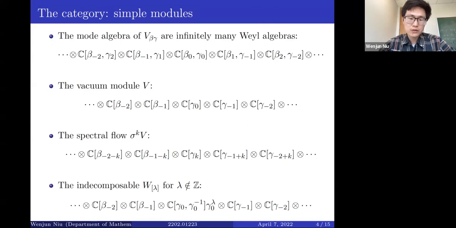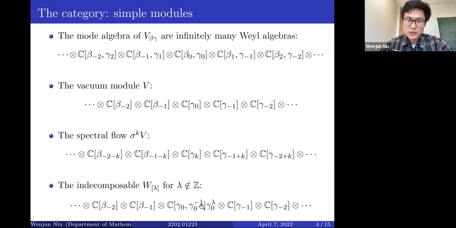Great. So there is also another set of indecomposable modules, and they are labeled by lambda, which is a complex number, and lambda is not in Z. In terms of the modules of the Weyl algebra, you can write them in this form.